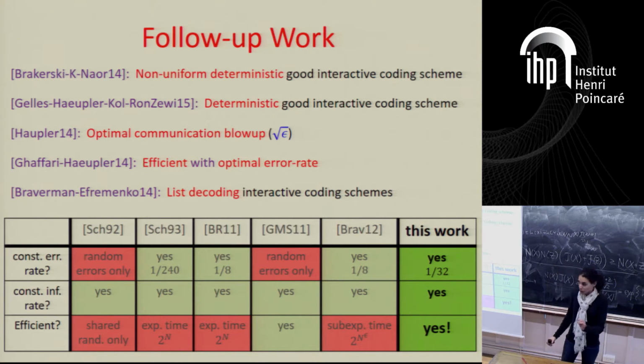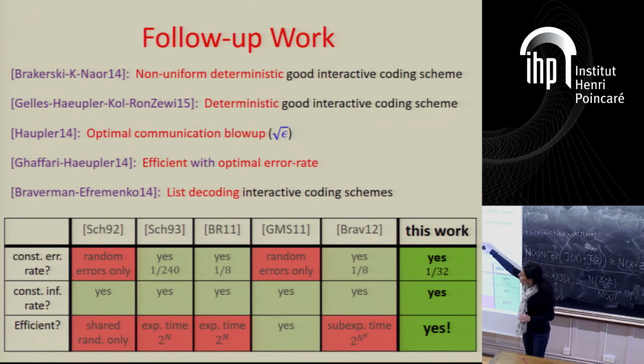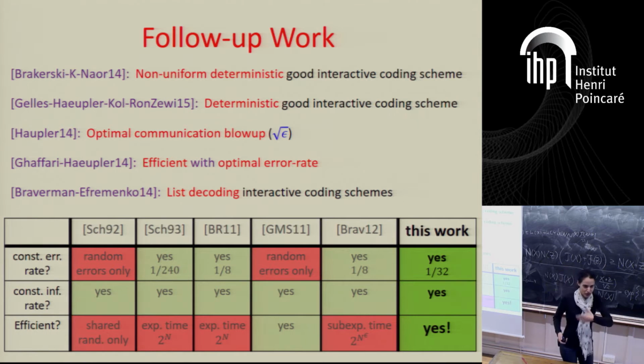His improvement is that he got the best communication blow-up possible: if you want to be resilient to an epsilon fraction of error, he blew up the communication only by order of square root epsilon, which is optimal.